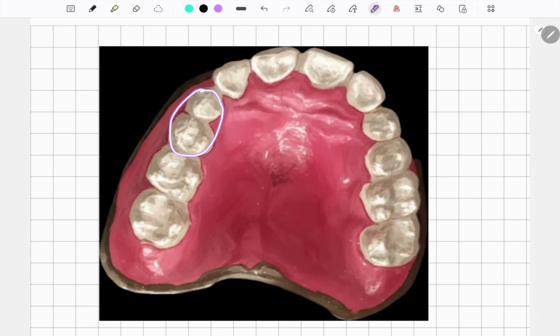Also these 2 teeth are also permanent, because the 4th tooth in the deciduous arch is the first molar, which does not have 2 cusps. So this is a permanent tooth for sure, and this is also a permanent tooth because the tip of the canine is pointed.